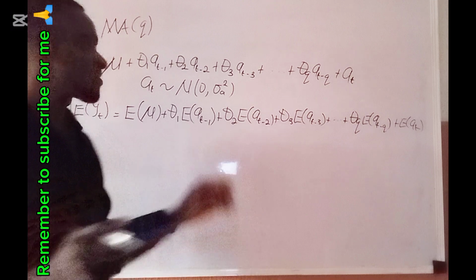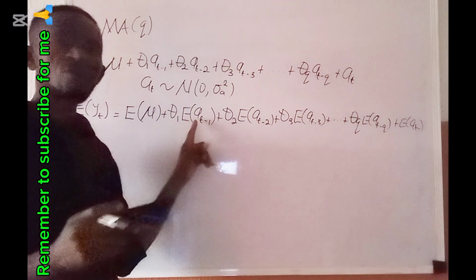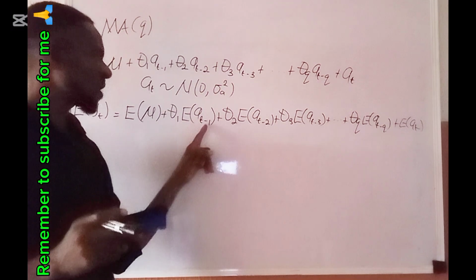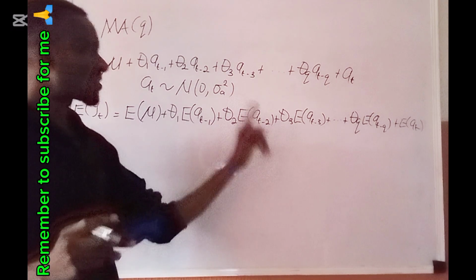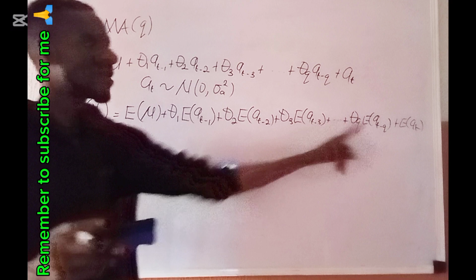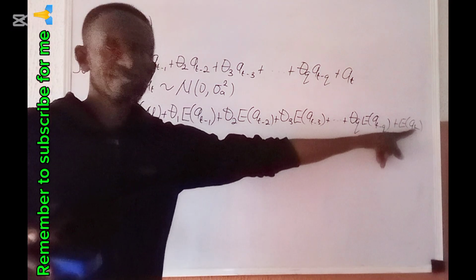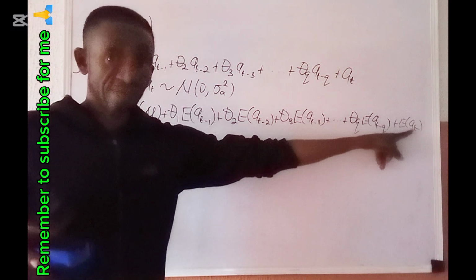In that case, the expected value of the error term at t minus 1 is the same as at t minus 2, the same as at t minus 3, and even the same as at t, since they are constant over time.